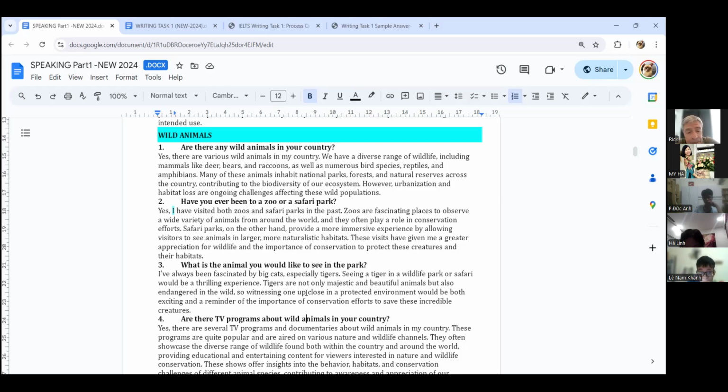Chung Hu, if you went to the zoo, what animal would you like to see? If I went to the zoo, I would like to see elephants because they are really gentle despite their huge size.